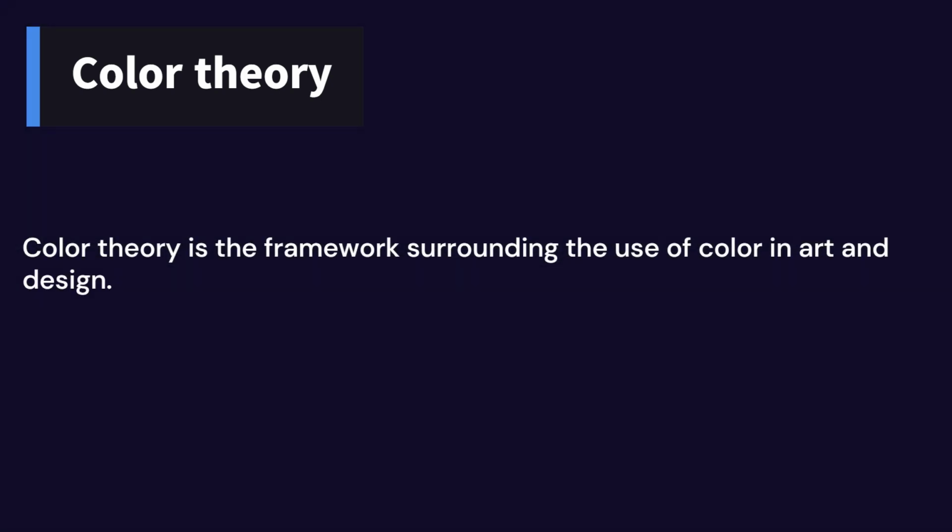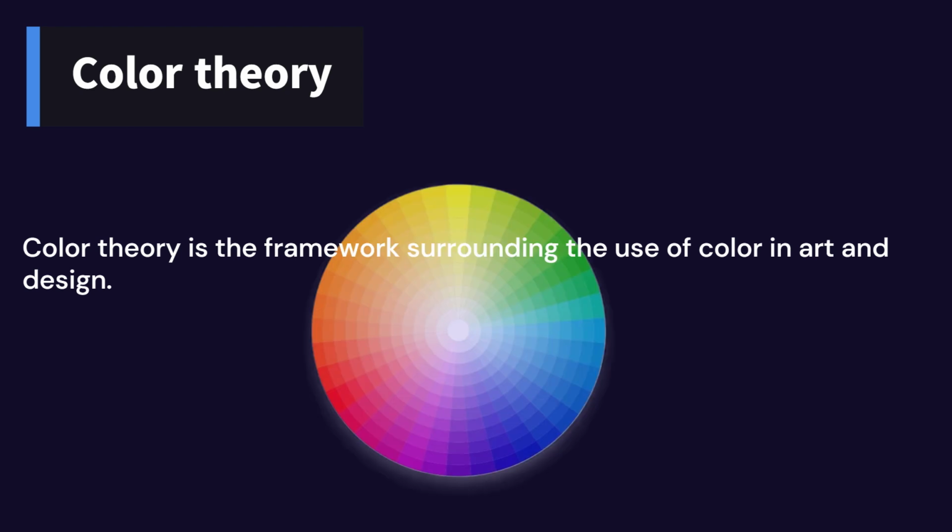So let's talk about color theory. Color theory is the framework surrounding the use of color in art and design. Understanding the color theories helps UI and UX designers choose a good color for their app or website. With the help of a color wheel, they experiment with different colors for their apps or websites.